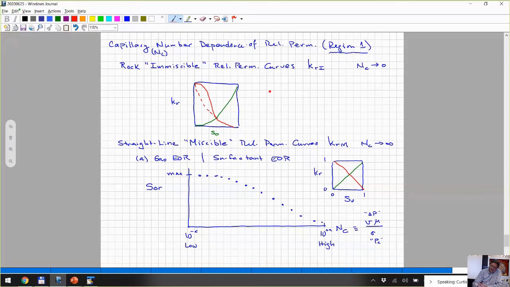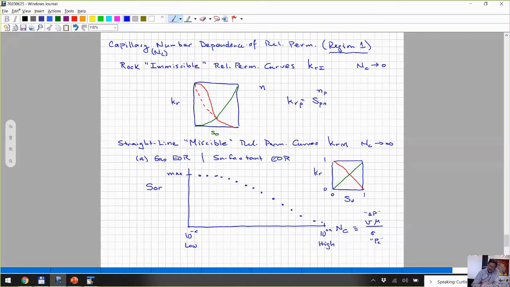So this might be typical for Kr being a function of saturation to a power n, and you might have the same, or it's usually different, power for gas and oil, so this would be the phase, and then this would be the phase saturation normalized to endpoints.